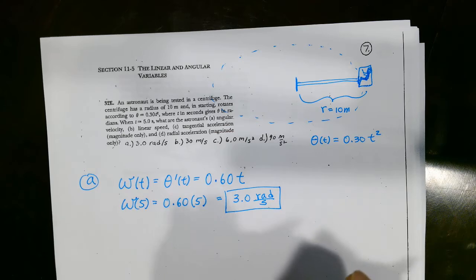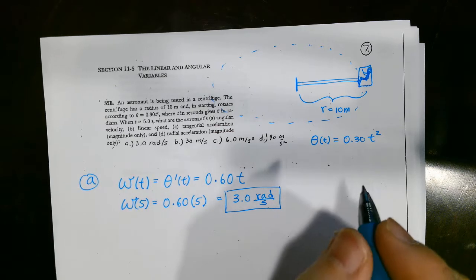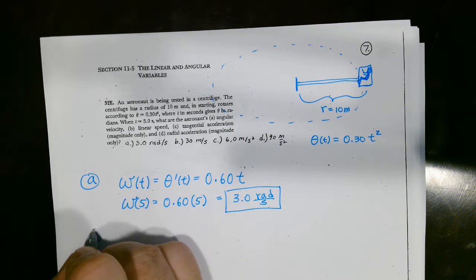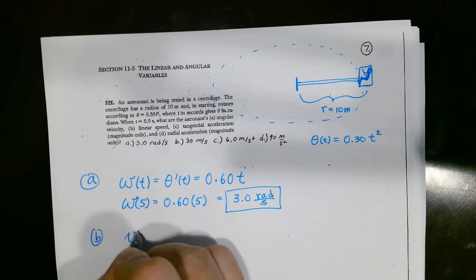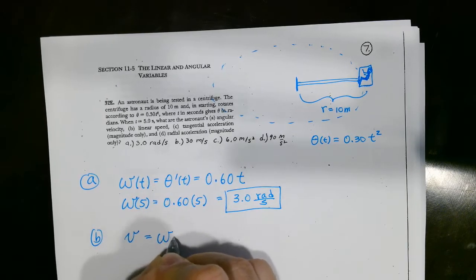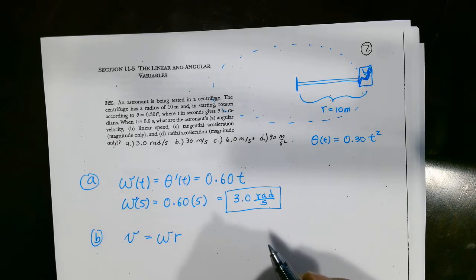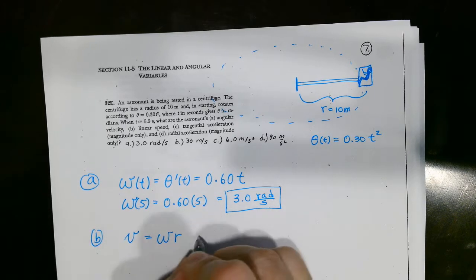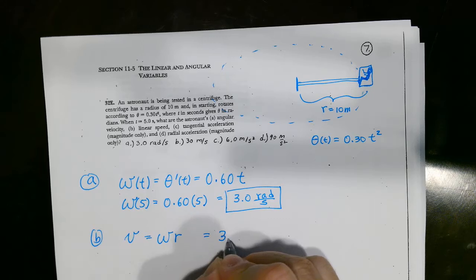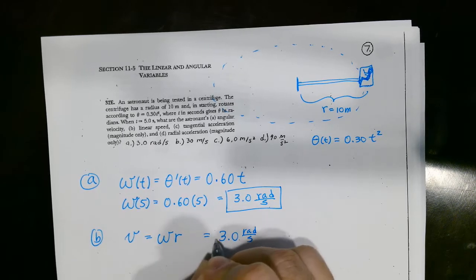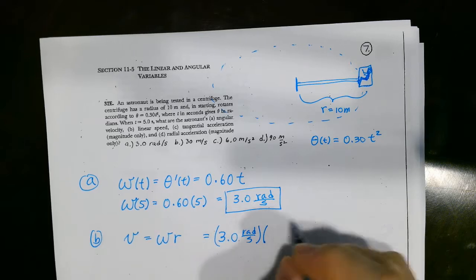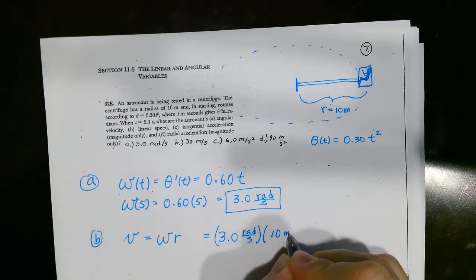All right. Part B, what's the linear speed then? Well, for part B, v is equal to omega r. So omega, which is 3.0 radians per second, times the radius of 10 meters.